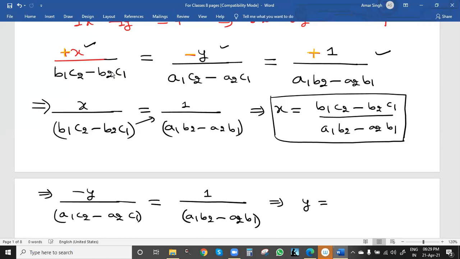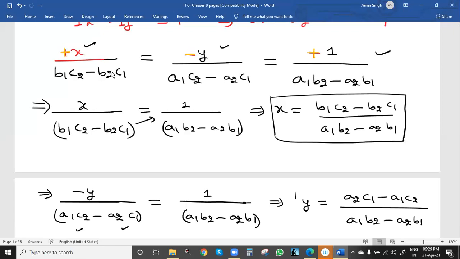So it will be equal to a2 c1 minus a1 c2 by a1 b2 minus a2 b1. Because we have multiplied by minus, this will be plus and this term will be minus.